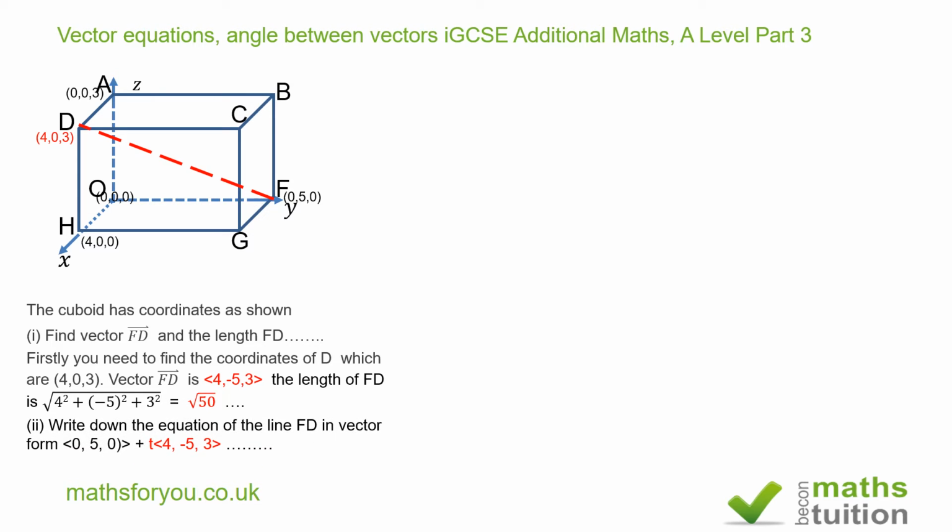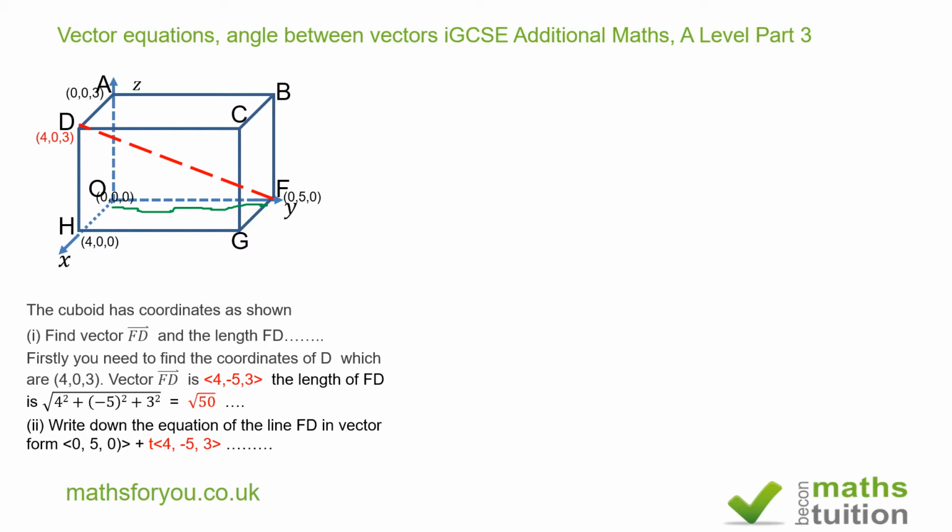Okay, now for the next part, it says write down the equation of the line FD in vector form. For that we first find the position vector of F, which is 0, 5, 0, and then the direction vector of FD, which is 4, minus 5, 3.